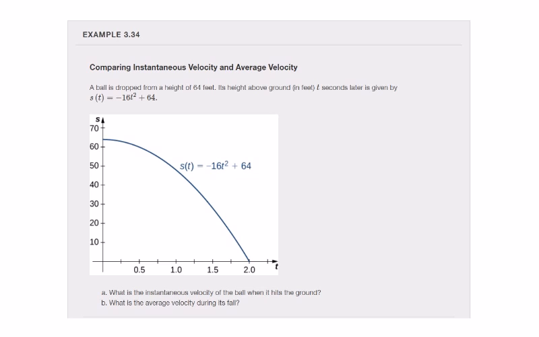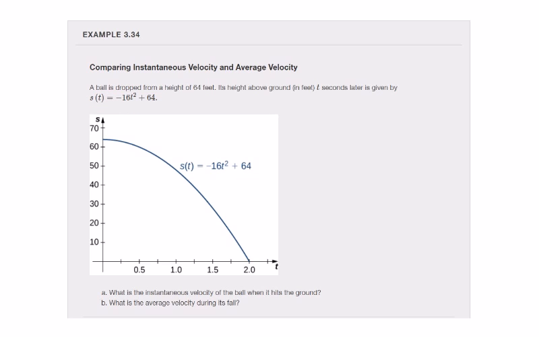All right, let's compare instantaneous velocity and average velocity. We've discussed this comparison before, but let's actually see at a certain value what the difference is. So we're given this function here, and this is projectile motion. So negative 16 t squared plus 64. So this is the projectile motion model when you have negative 16 t squared.